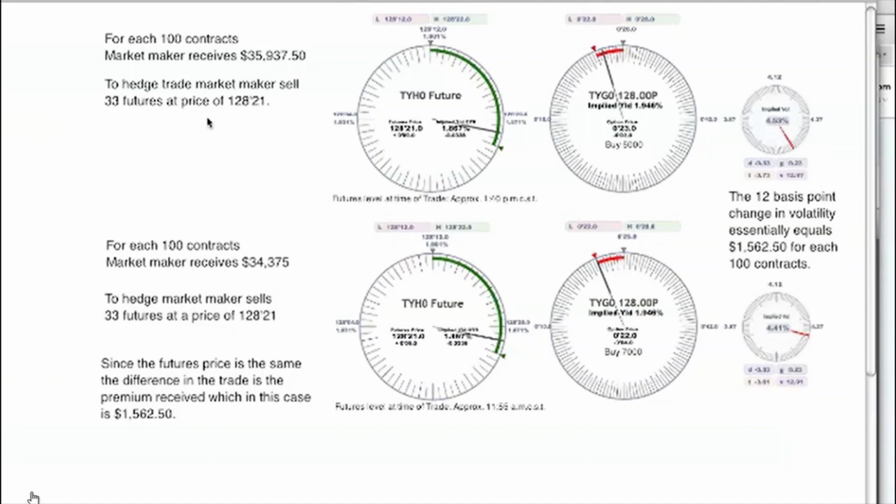So again, the hedges are what the market maker does when he trades the option, because these have a 33 delta. For every 100 contracts, he'll sell 33 futures to offset the risk in both cases. So those prices cancel each other out, leaving the only difference as the premium received, and that difference again is $1,562.50.